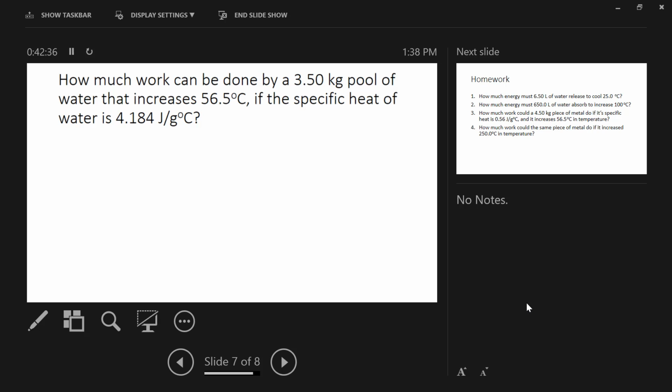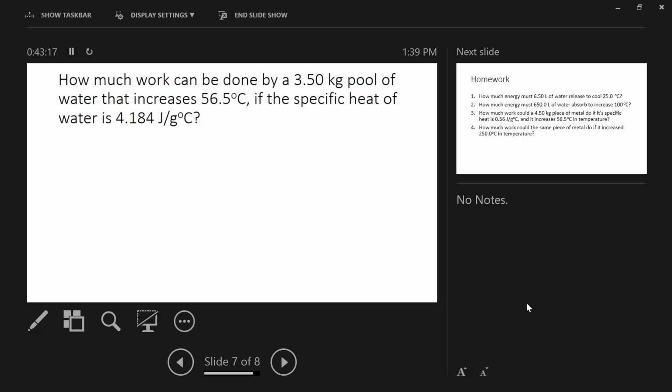But let's say we wanted to solve for mass. How would we solve for mass? Right now you have specific heat and change in temperature being multiplied to mass. How do we do away with something that's being multiplied to it? We divide it. So we would divide both sides by C delta T. And we would have that mass is equal to work divided by C, specific heat, times change in temperature.